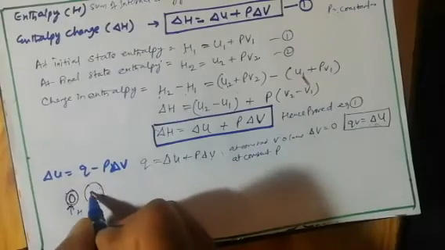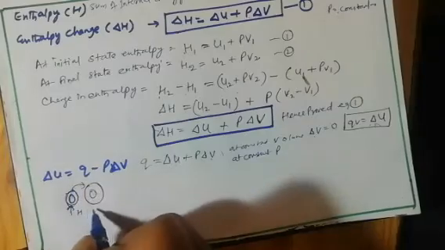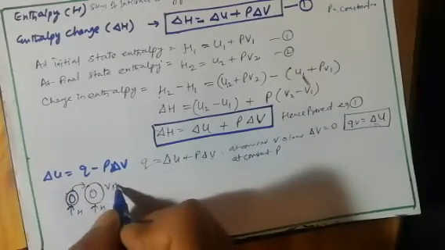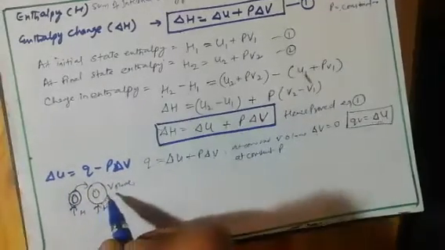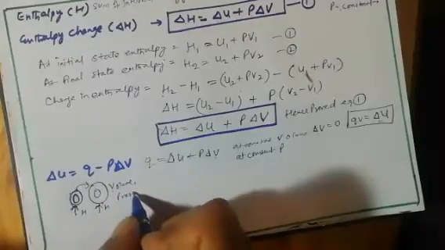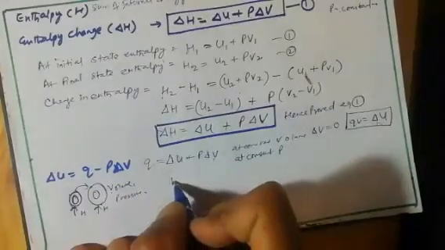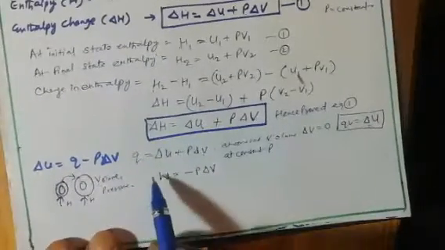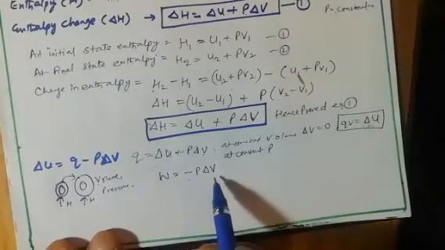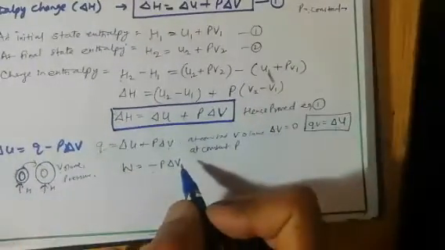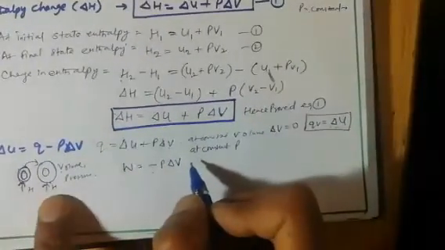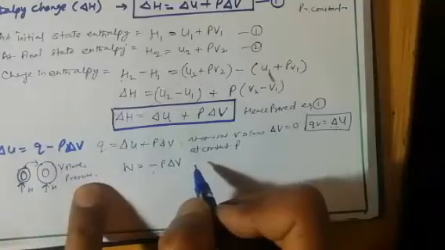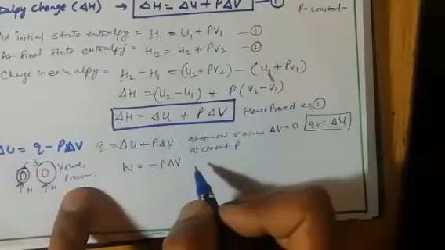The rim of the tire is going to expand, it increases the volume. After heating, when volume is increased, pressure remains constant. At that stage, W is equal to minus P delta V, where delta V is the increase in volume and pressure remains constant. Hope you understand this example.